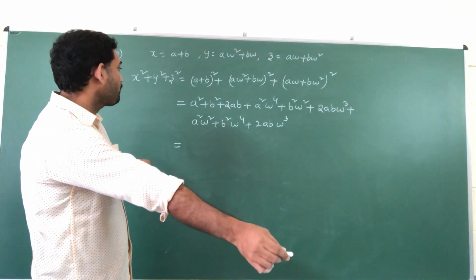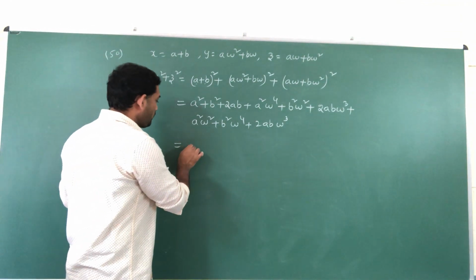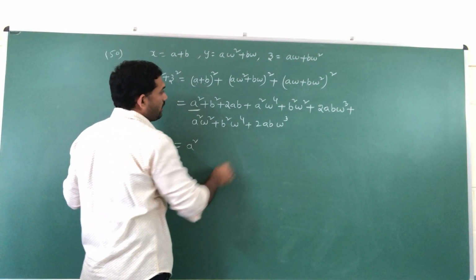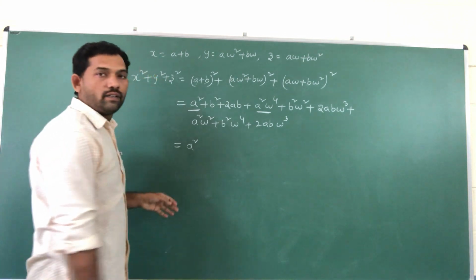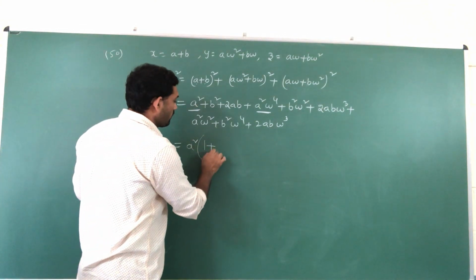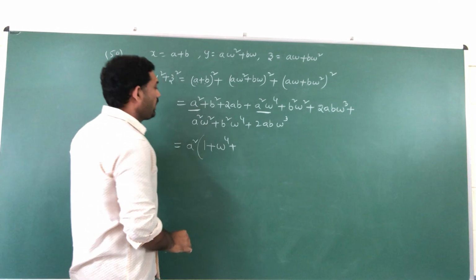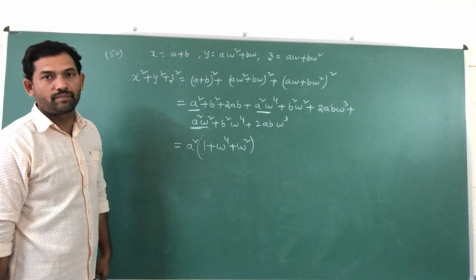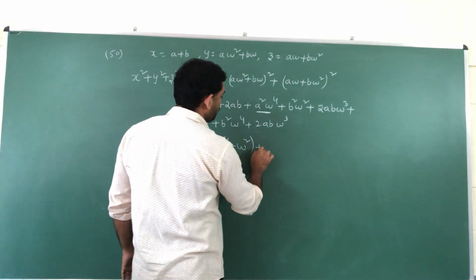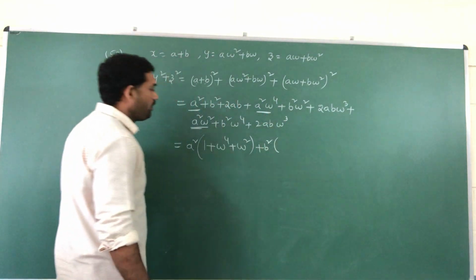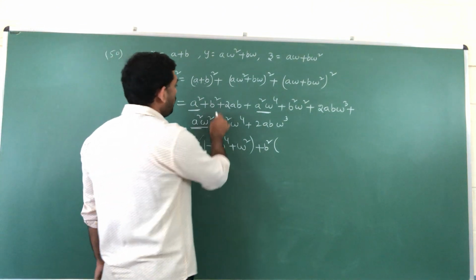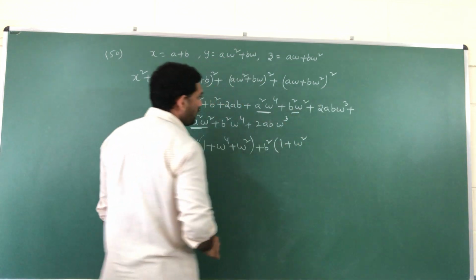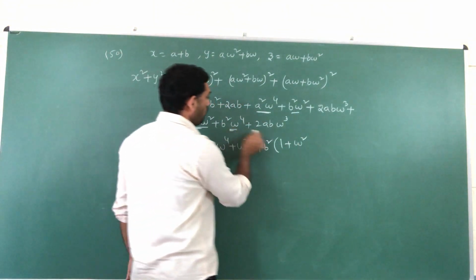Now see, a². How many terms are there? Here one a² is there, so a² is common, so 1 plus ω⁴, again ω². Next, b² you should take common. Here 1 is there, next ω², here 1 is there, next one is ω⁴.